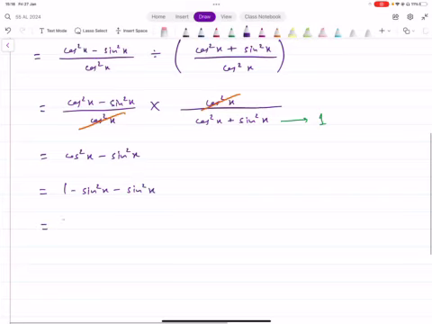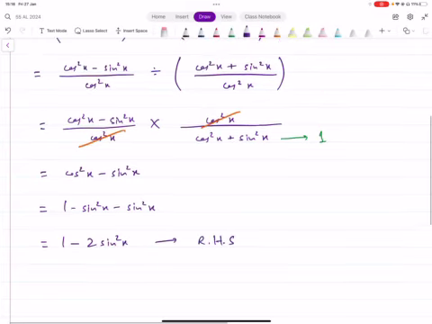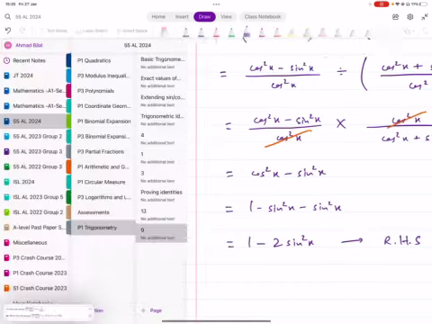And that gives us 1 minus 2 sine square x, which is what the right hand side is. ये आपने prove कर दिया. Is that okay? No problem? Okay, let's do another one.